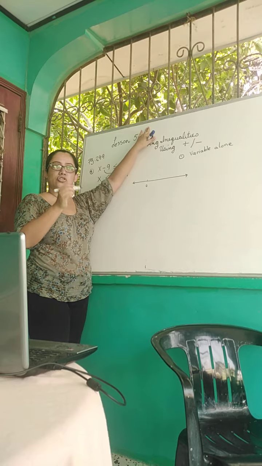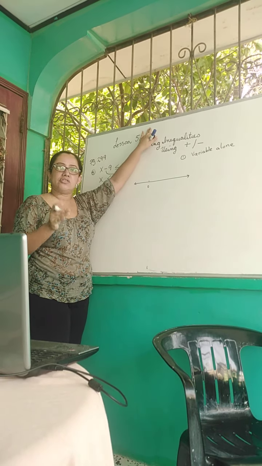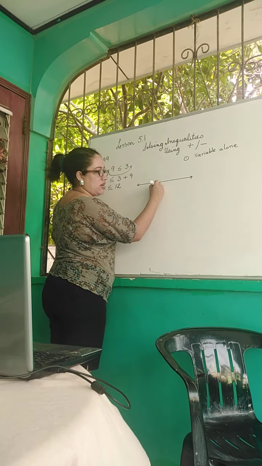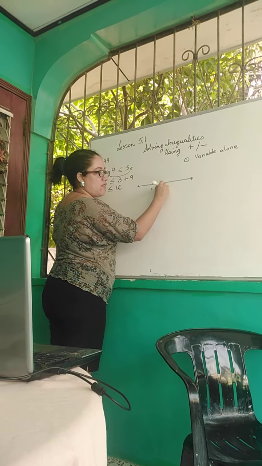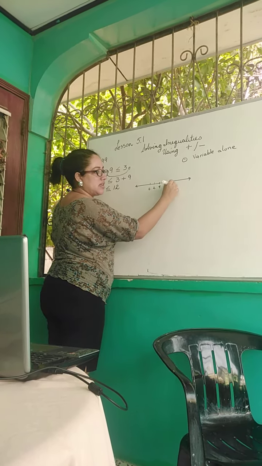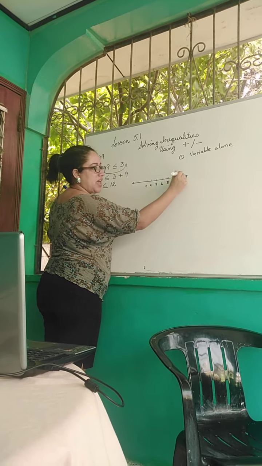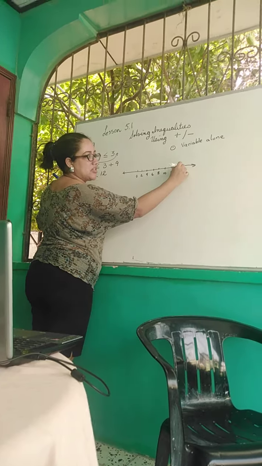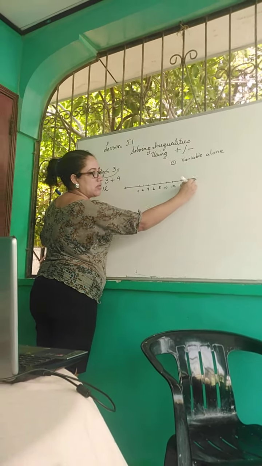Or you go 1, 2, 3, 4. But it has to be the same number. For instance, here, 2, 4, 6, 8, 10, 12. It has to be the same multiple.